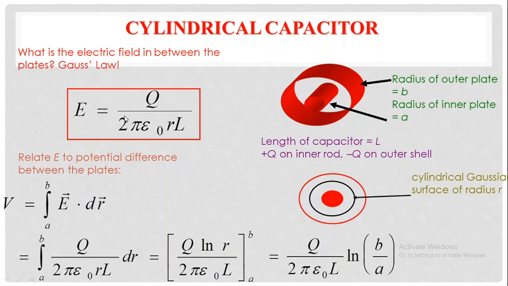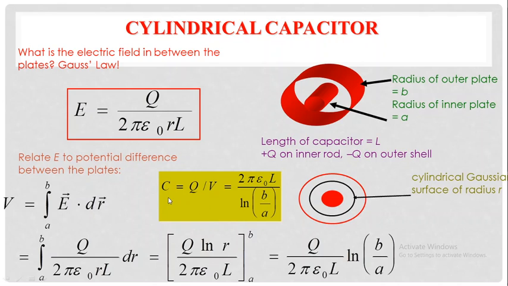We know that E for a cylindrical capacitor is Q upon 2 pi epsilon naught R into L. By putting these values, we obtain V equal to Q upon 2 pi epsilon naught L ln of B by A, where B is the outer radius and A is the inner radius.